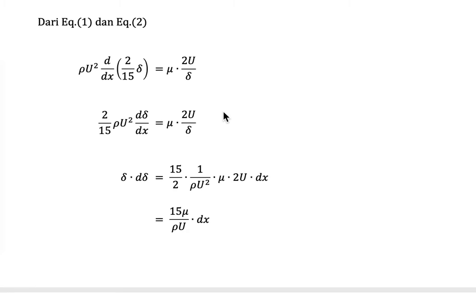We simplify everything, put delta and d delta on the left side, and put all the other terms on the right side. Finally, you can write delta d delta is equal to 15 mu over rho u dx. Mu here is the dynamic viscosity, rho is the density, and u is the free stream velocity.